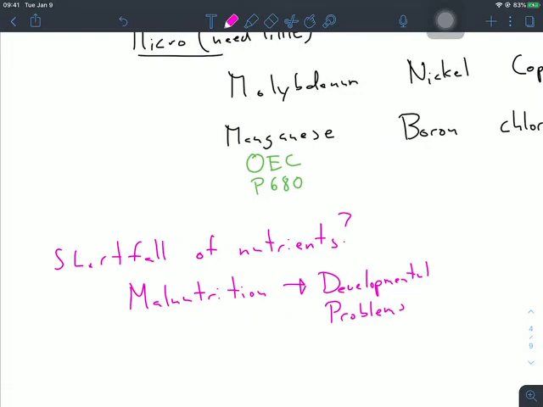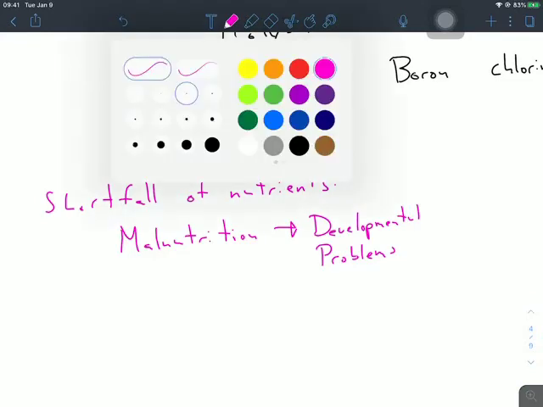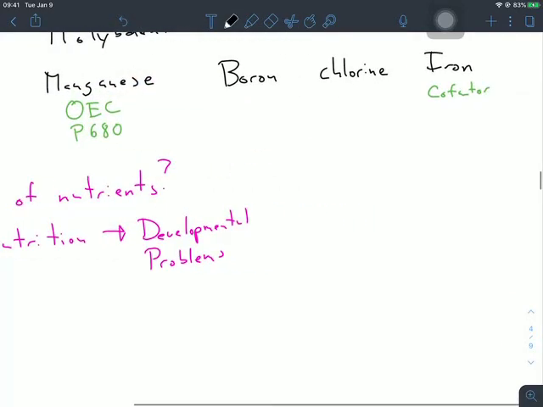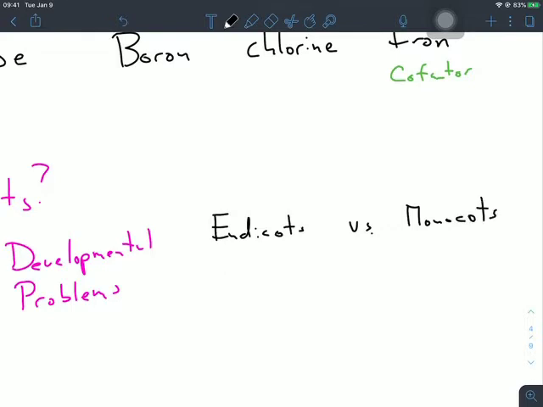Malnutrition in plants can lead to a number of different developmental issues, especially as certain lineages of plants have different nutrient needs. Not every single plant needs all of those micro and macronutrients in the same amounts. In fact, even comparing things like our eudicots versus our monocots, so things like grasses versus things like cherries, you will get different macronutrient needs.